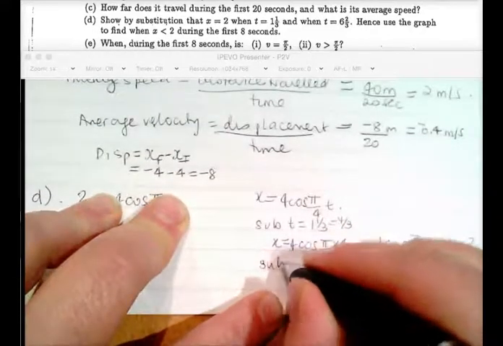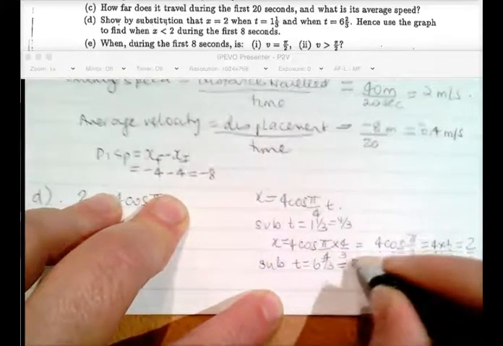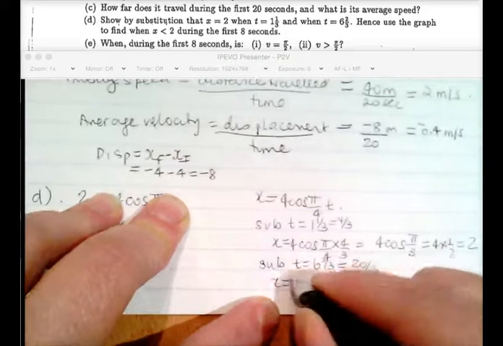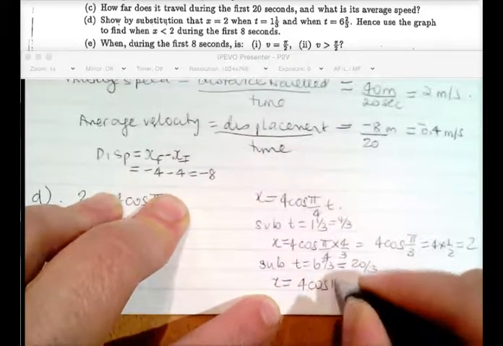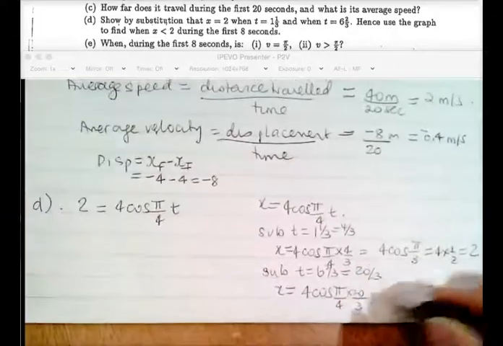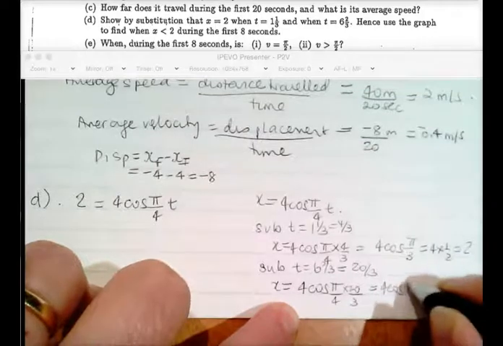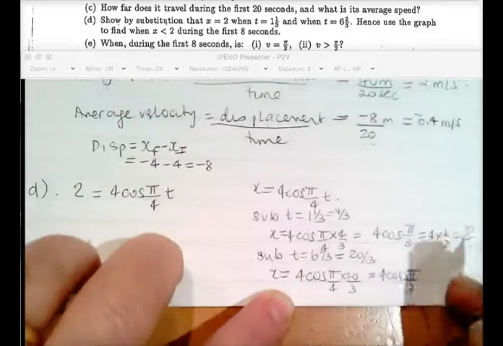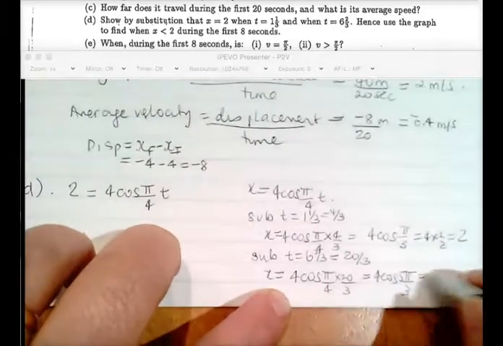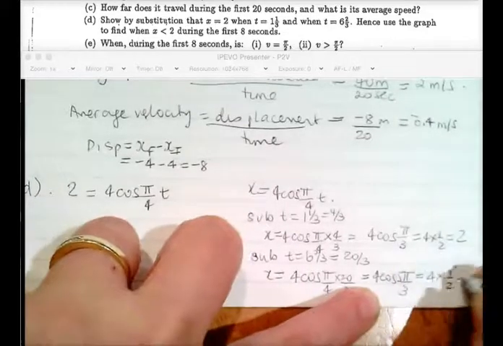And also, if you substitute t is 6 2/3, which is 20 over 3, we get x is 4 cos pi on 4 times 20 over 3. That's 4 times cos of 5 pi on 3, which is quadrant 4, acute angle 60 degrees. So again, it's 4 times a half, which is 2.